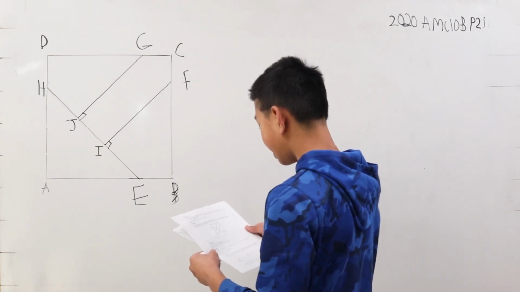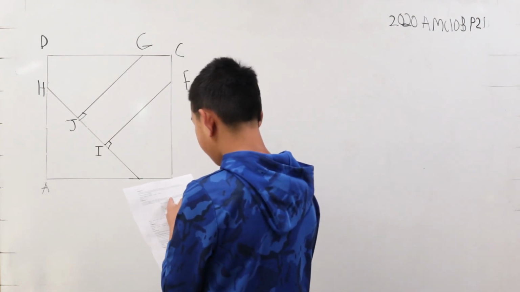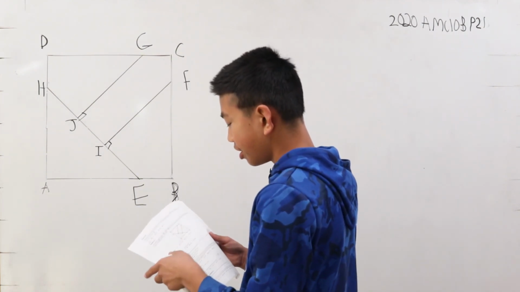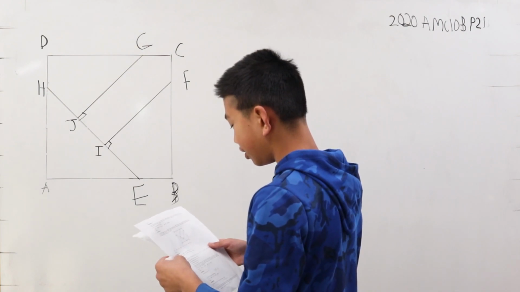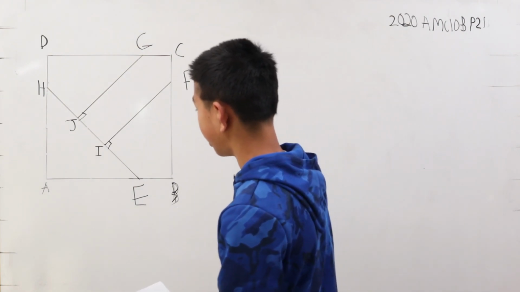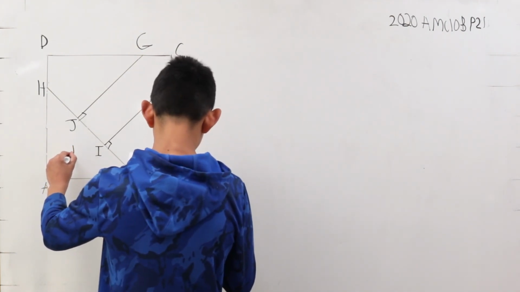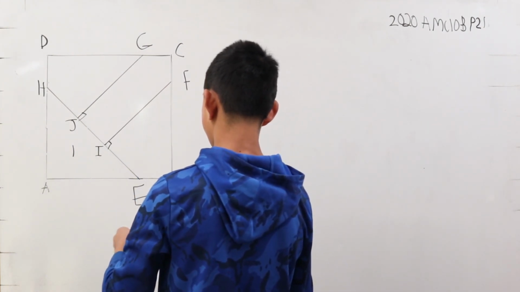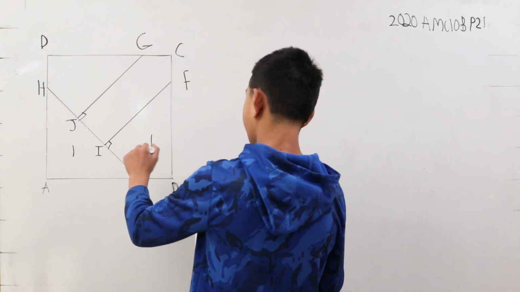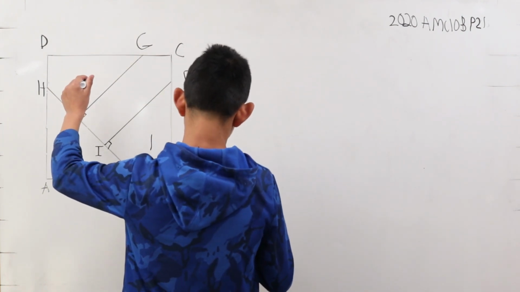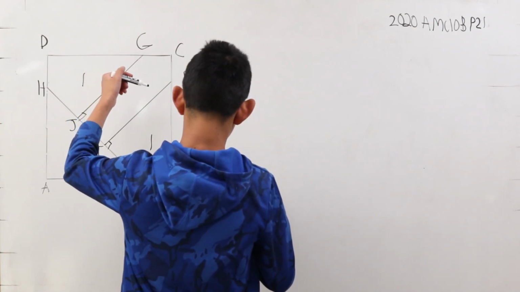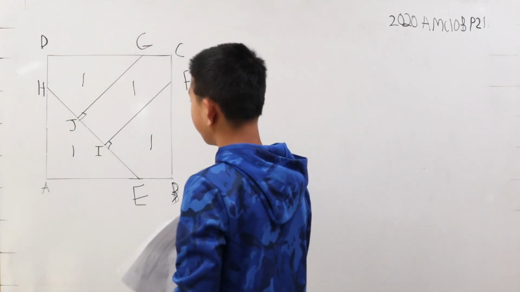Triangle AEH, quadrilateral BFIE, quadrilateral DHJG, and pentagon FCGJI each have area 1. This has area 1, this has area 1, this has area 1, and this has area 1.